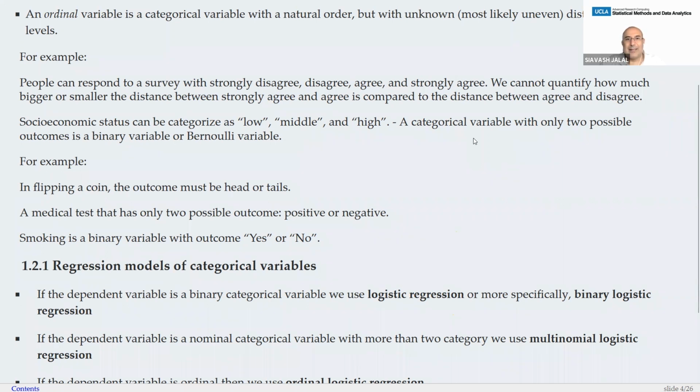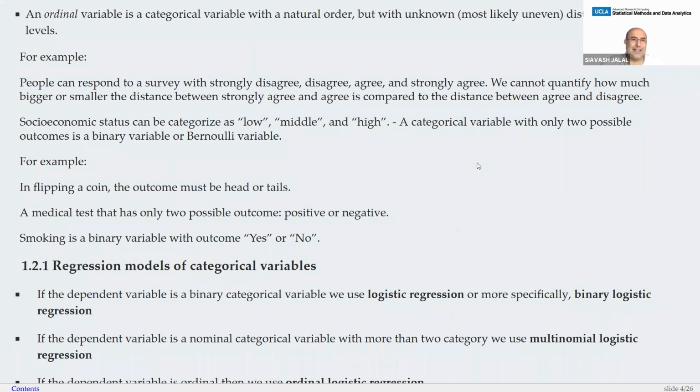But usually that distance is not the same, and if you cannot have the same distance, then it doesn't make sense to run the model as a continuous outcome with numerical numbers.